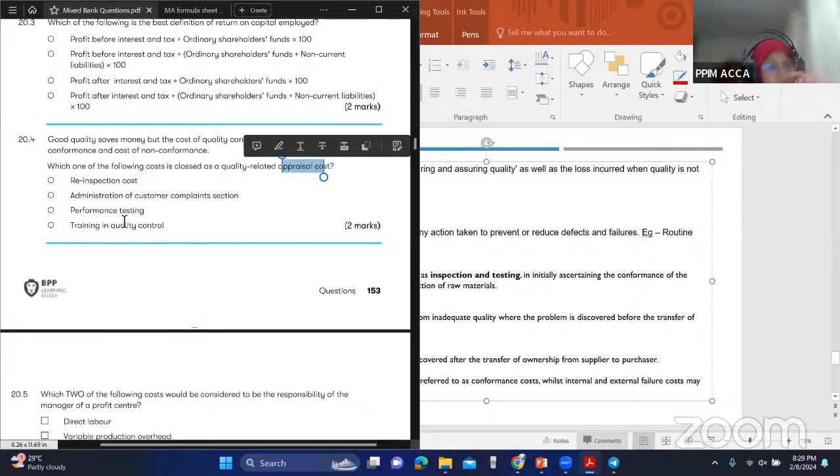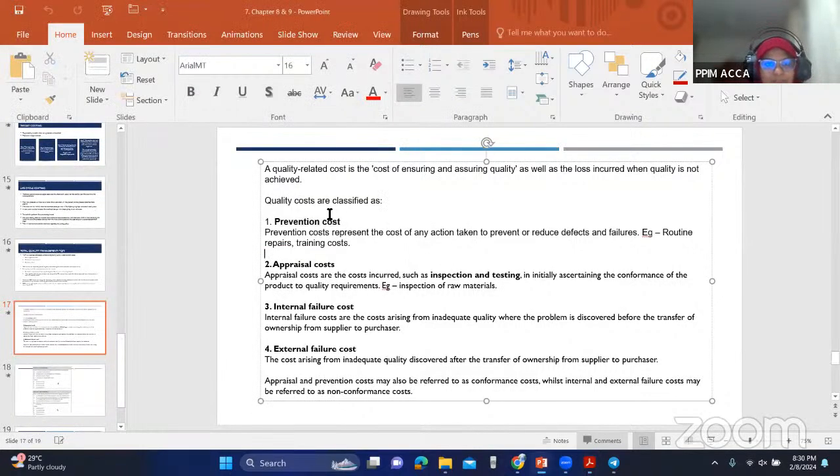So performance testing is the one that will fall under appraisal. Reinspection, like I said, is internal failure. This is external failure. Performance falls under appraisal and not prevention, because we check performance after training. That is why it falls under appraisal cost.